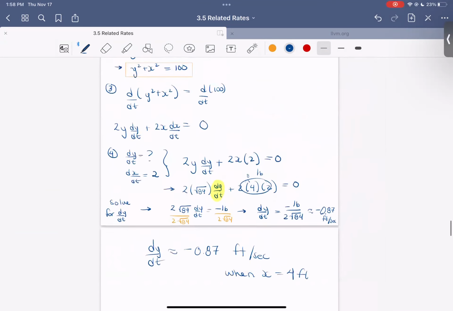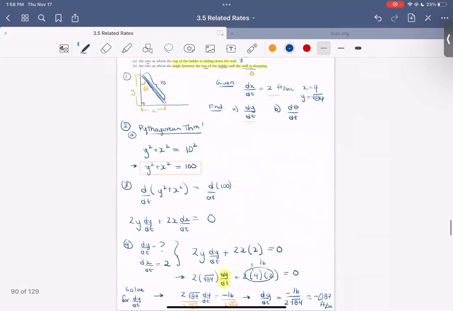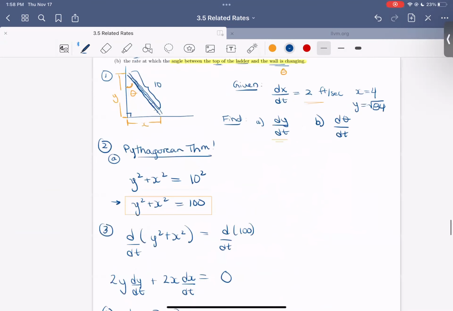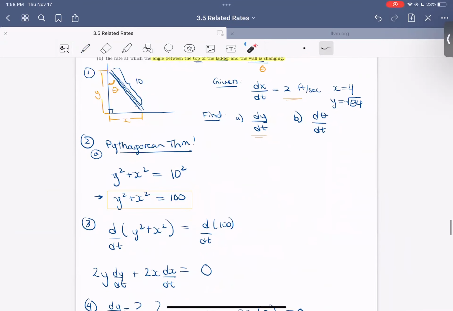So if we look again at our picture, that means this y value is decreasing since the change is negative, which makes sense because our ladder is sliding farther and farther down that wall.